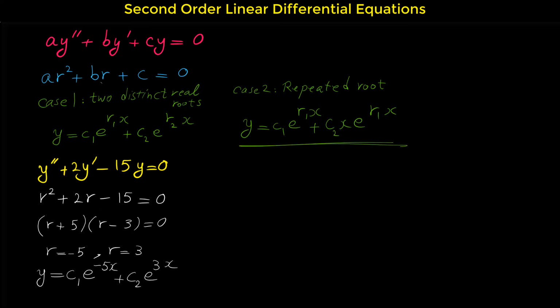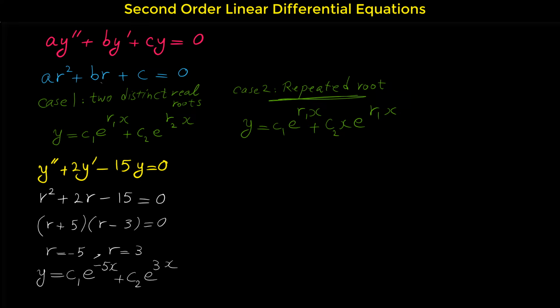So this is the formula that you have to use when you have repeated roots. The first part is exactly the same as here, but for the second part, because the root is repeated, you have to multiply e to the r1x by an extra x.